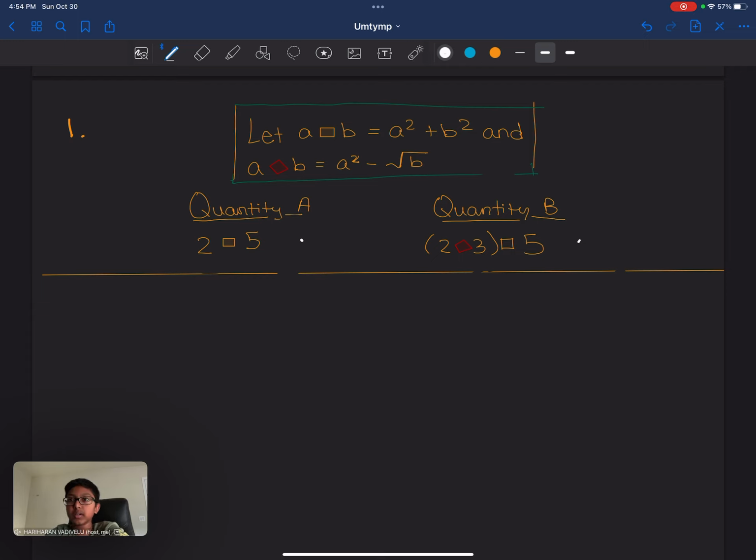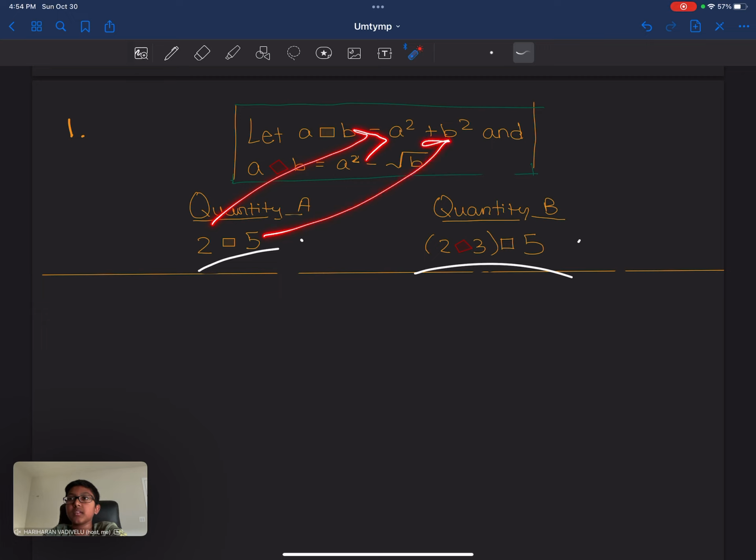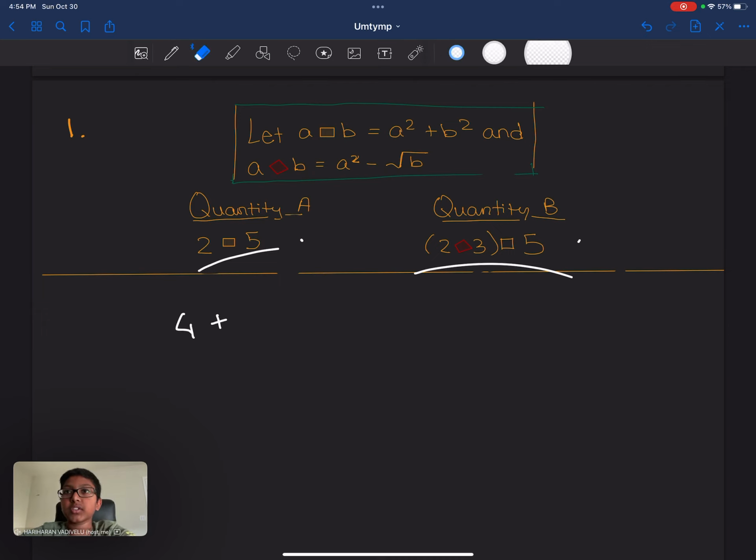There are many ways to solve this problem, but I'm just going to go over a fast way. We just evaluate both A and B. If you let 5 equal b and 2 equal a, you get, actually I'll leave it in expanded form, 2 squared plus 5 squared.